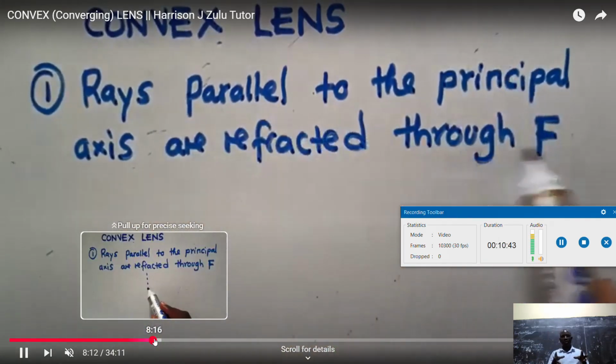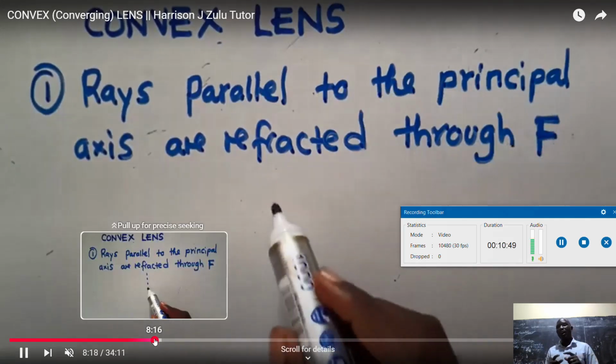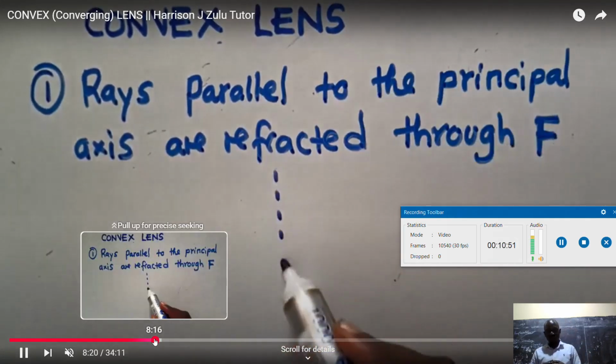So I'm here trying to illustrate. So rule number 1, we say rays parallel to the principal axis are refracted through F.